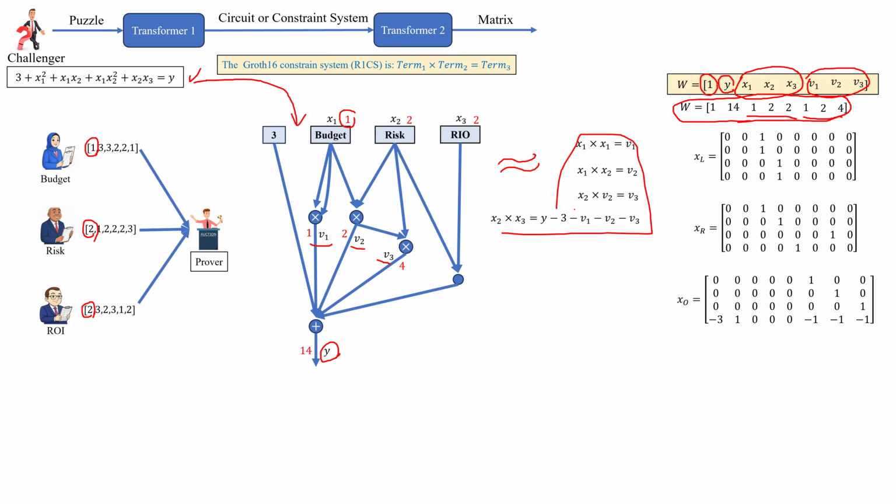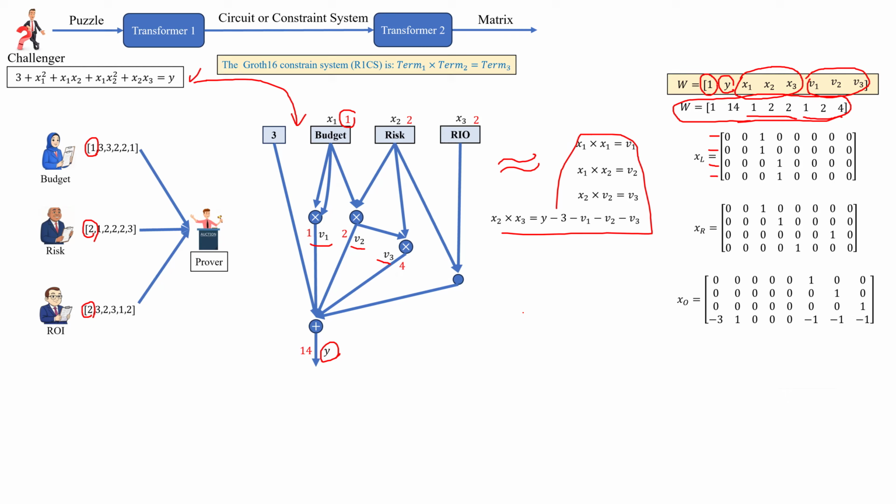We have four gates in our circuit, right? So that's the reason we have four rows in each matrix. The first row is related to gate 1, the second row to gate 2, the third row to gate 3, and the fourth row to gate 4.